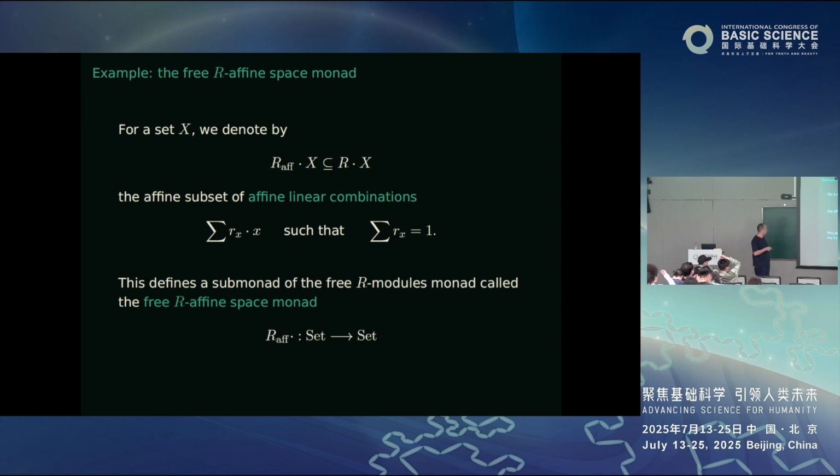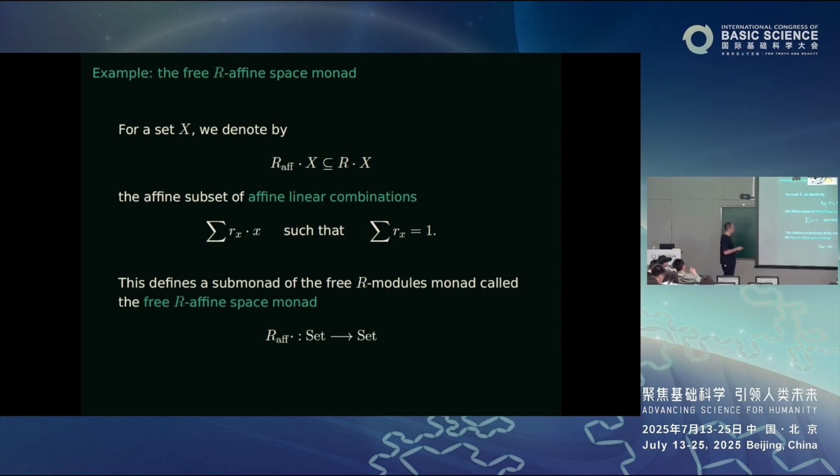It is a linear combination such that the sum of coefficients is equal to 1. So an affine subspace of a module is not necessarily a submodule, but it should be closed with respect to affine combinations. And we consider the affine subset which is generated by X. So it is just the set of all affine linear combinations of elements of the basis.